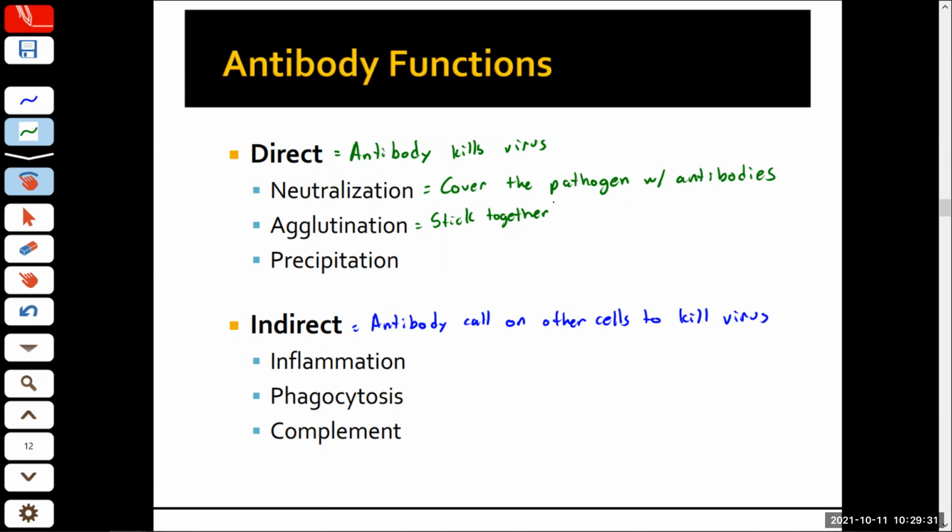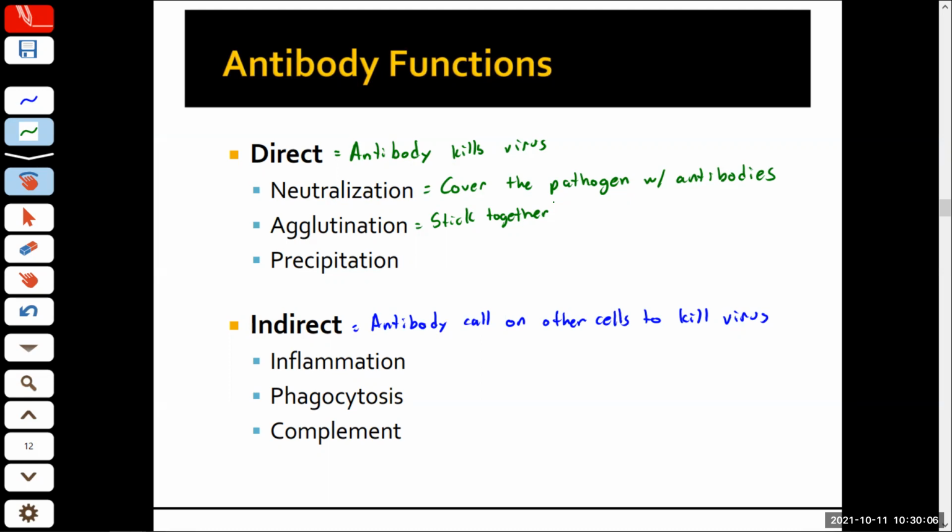That's going to isolate those cells. And that plays a role with phagocytosis here. If you have a whole bunch of viruses stuck in one place, that makes an easy target for your phagocytes to come by and eat them up.